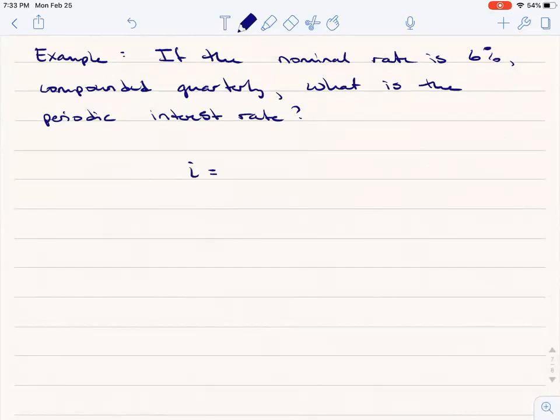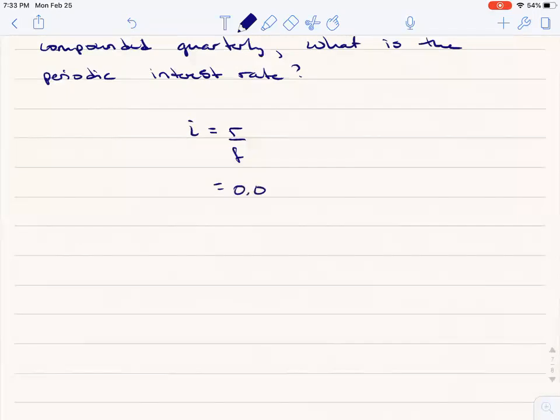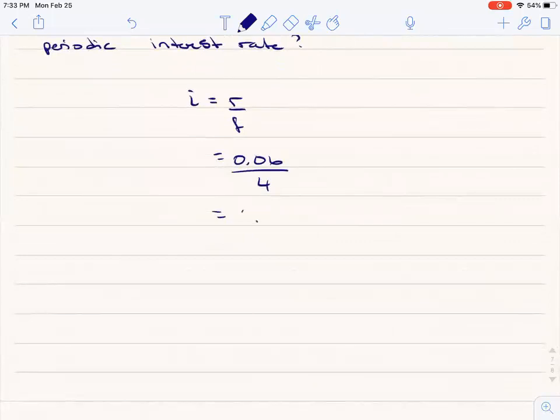So we're calculating I. I is R divided by F, which in this case is 0.06 divided by 4, which is 0.015.